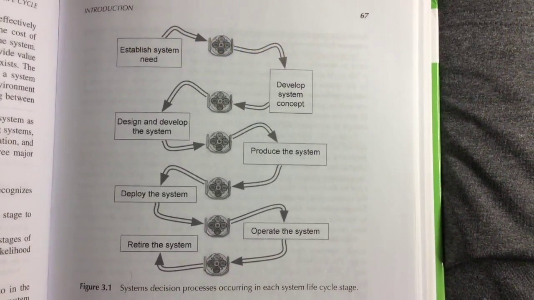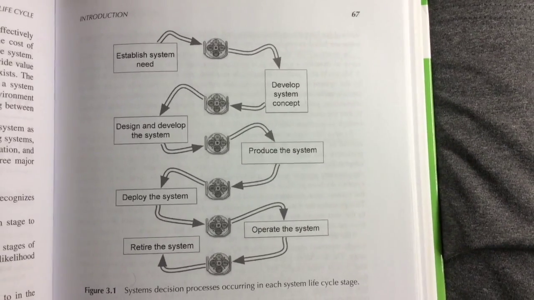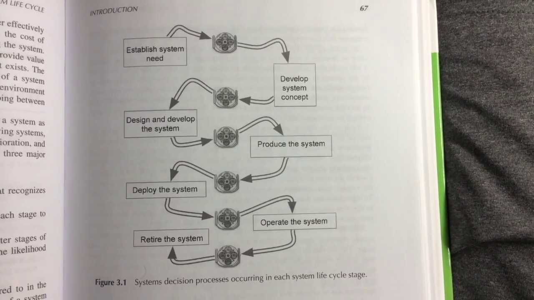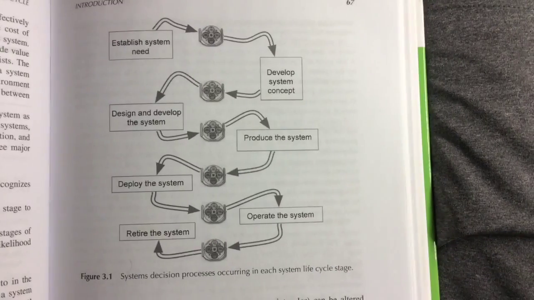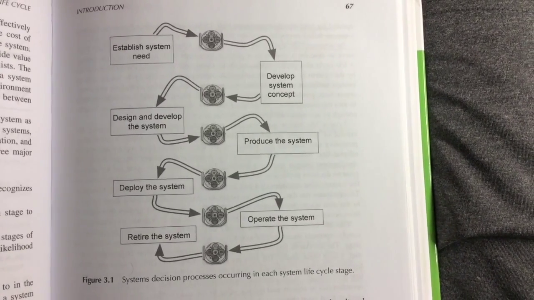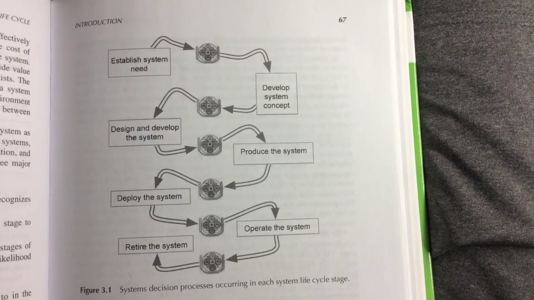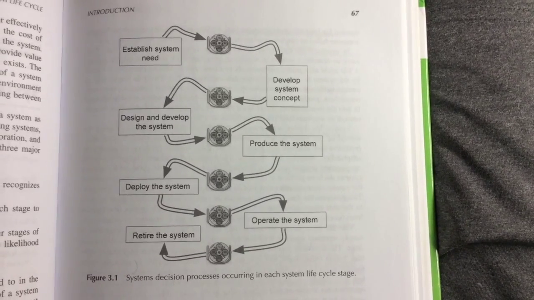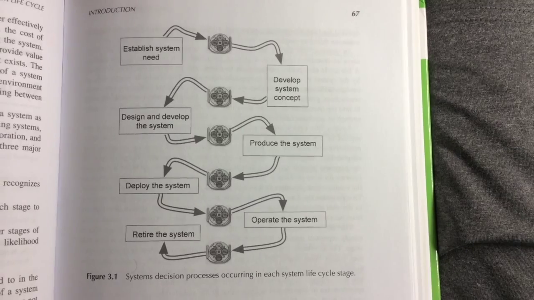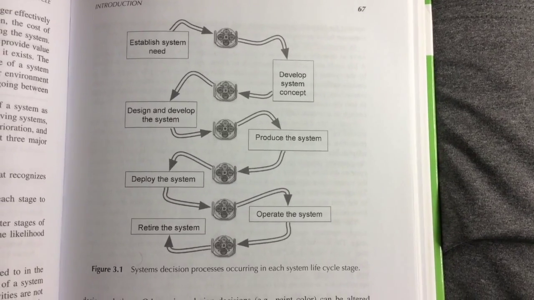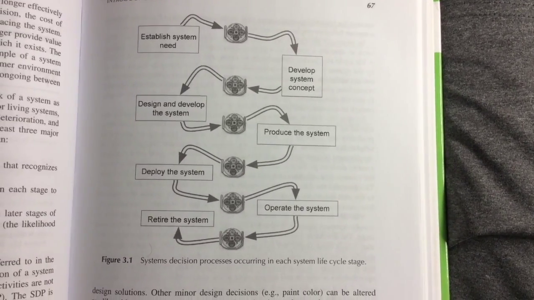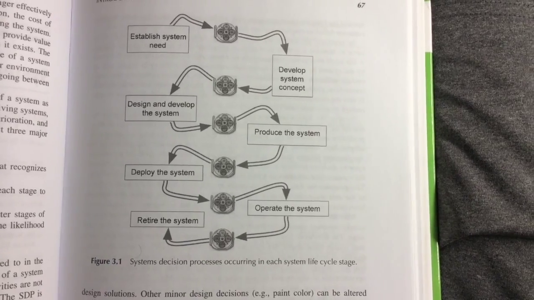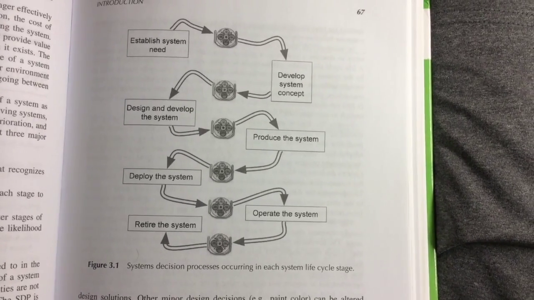Here we have the system life cycle, and if we take the assembly line through this model, we see that Henry Ford established the system need when he decided that he wanted to make the Model T production line more efficient. He then took concepts from other people who had an assembly line type model and developed his own system concept. He designed and developed the system how he wanted it to be and how he wanted it to produce the car.